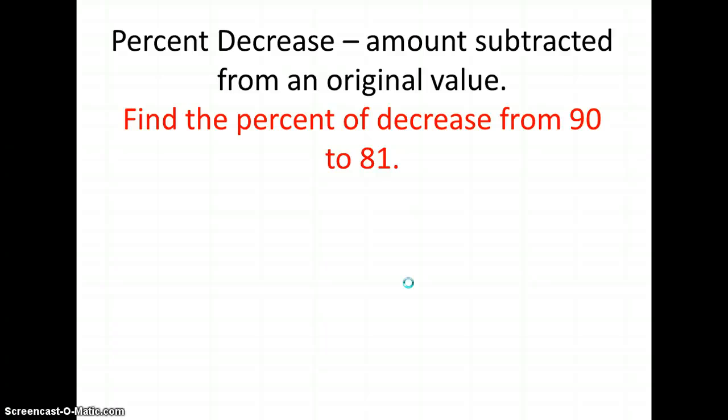If I wanted to find the percent of decrease from 90 to 81, I would have to find what percent was taken away from 90. So first I need to figure out the amount that was taken away from 90. And I would do this by subtracting 90 and 81, and that gives me 9.